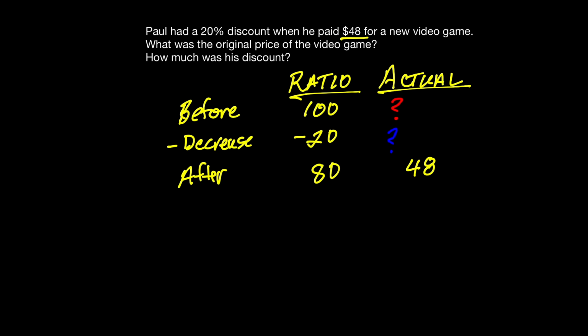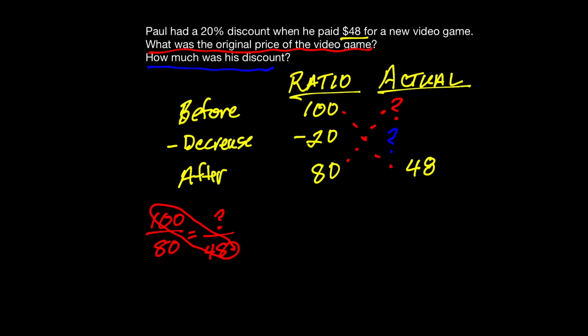We want to know how much was the discount and what was the original price of the game. So the original price of the game, let's see. I would cross multiply these numbers and say, well, 100 over 80 equals, make an 80, equals what number over 48? So cross multiply.